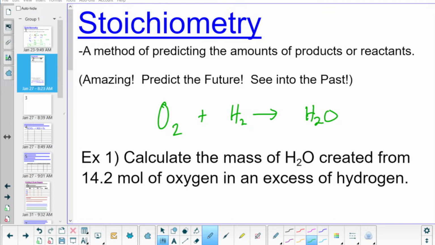So what moles do you need? Oxygen out of this whole thing. So we just take it.